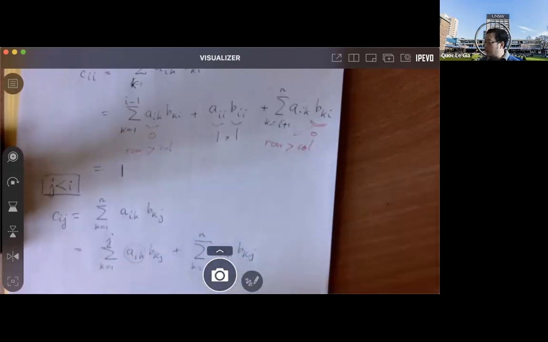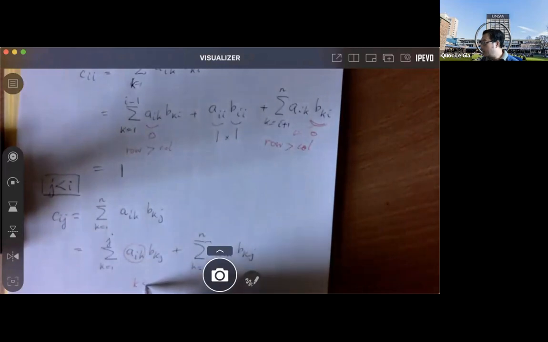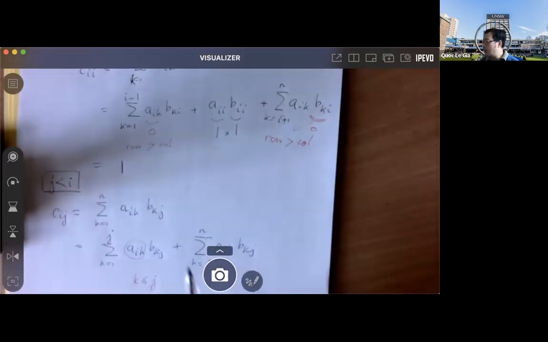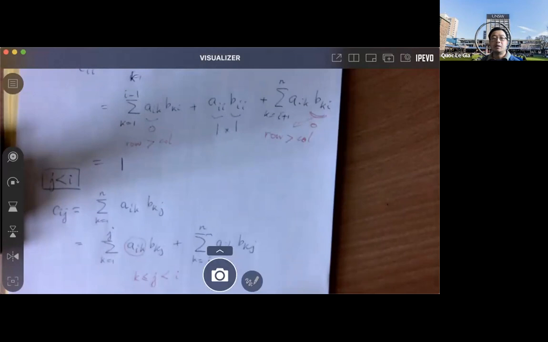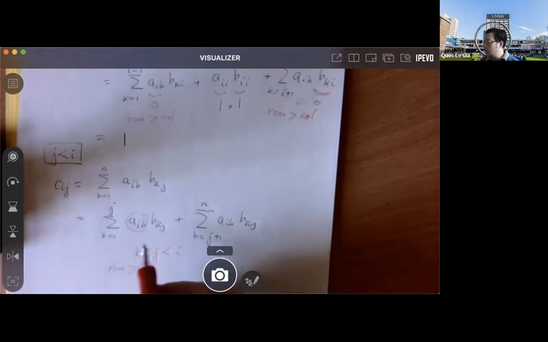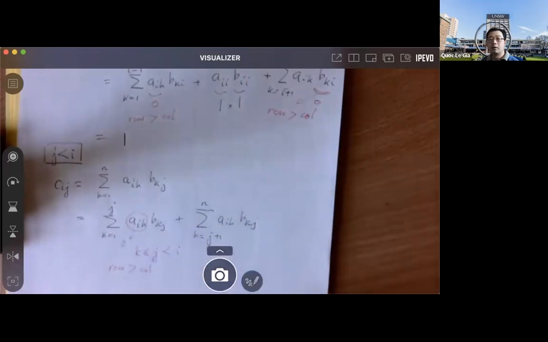Aik: you can see that k is from 1 to J, so k will be less than or equal to J. But then remember, J is less than I. So this means that the row, remember the row is I, is bigger than the column. When the row is bigger than the column, the matrix A just equals 0.